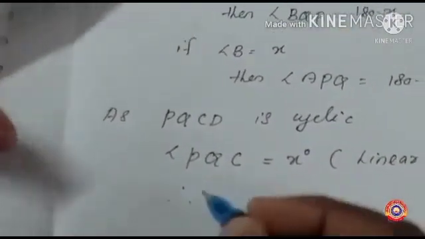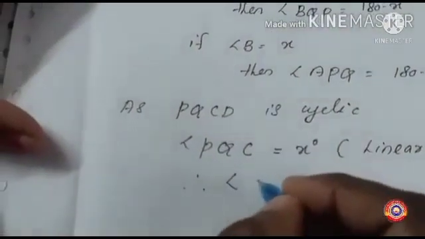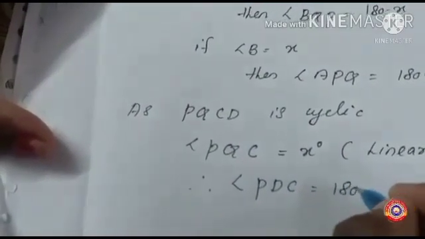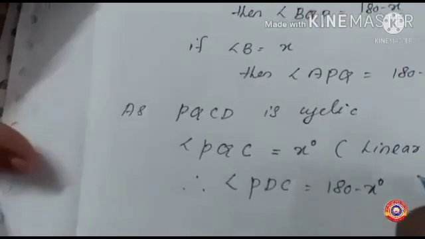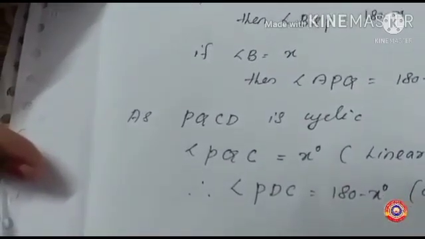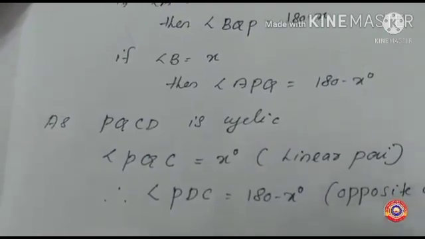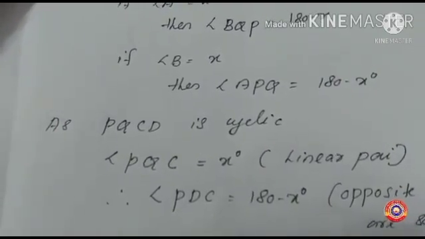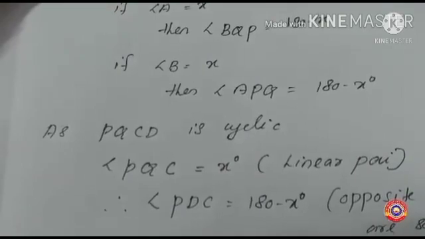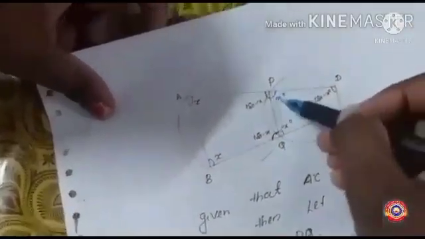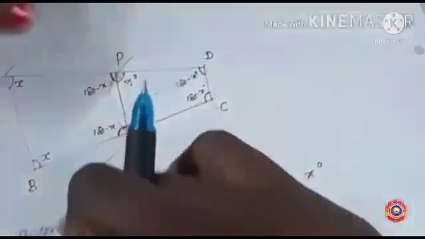Then if angle PQC equals x degrees, then angle PDC equals 180 minus x degrees because they are the opposite angles of the cyclic quadrilateral.